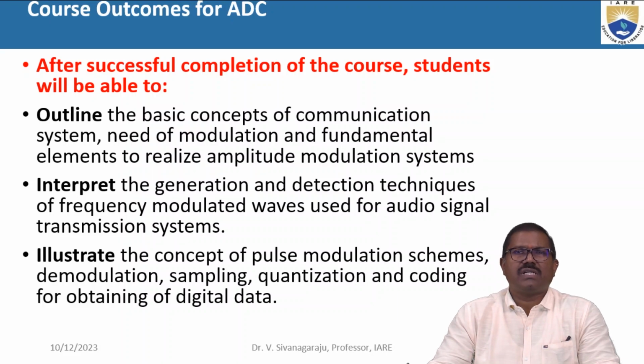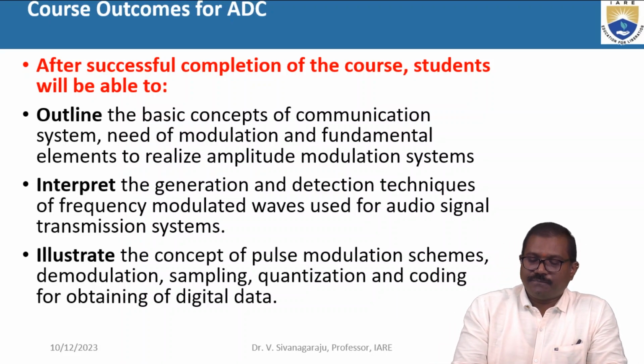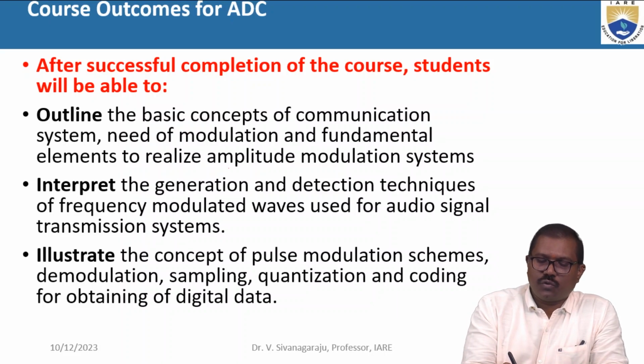The second outcome is to interpret the generation and detection techniques of frequency modulated waves used for audio signal transmission systems. The third one is to illustrate the concept of pulse modulation schemes, demodulation, sampling, quantization, and coding for obtaining digital data.